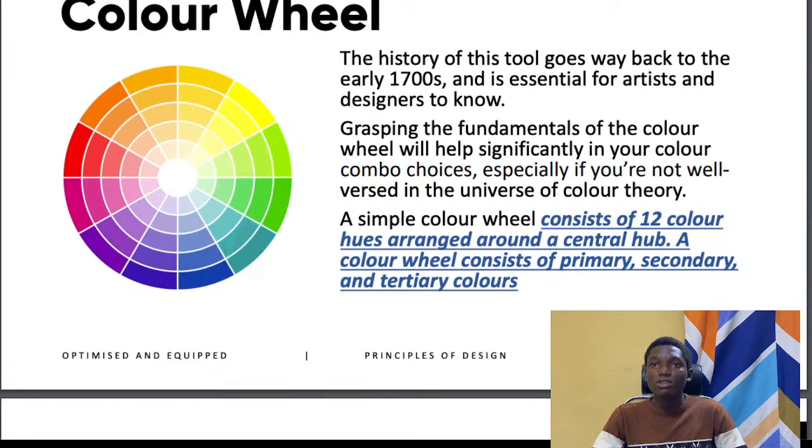The issue of these tools goes way back to the 17th century, and is essential for artists and designers to know. You need to understand that these colors are closely related so as to choose meaningful colors.